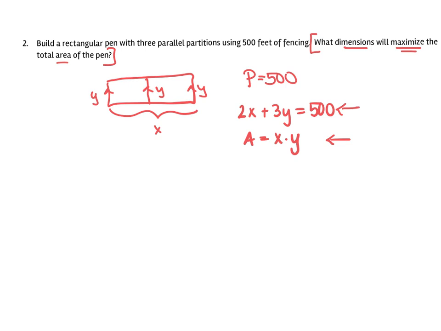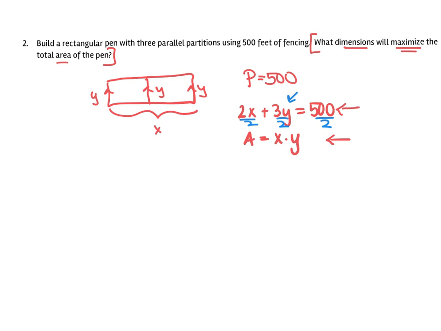The reason I'm going to solve for x is because if I solve for y, I would have to divide everything by 3 and look at everything as a fraction. I would have a fraction here, a fraction here. So if you can find a way to not introduce fractions, that's the best. That will happen when we solve for x, because if I divide by 2, the only place I get a fraction is right there.